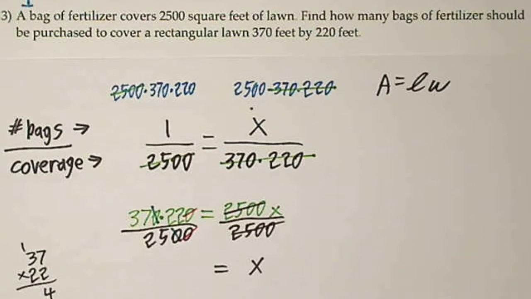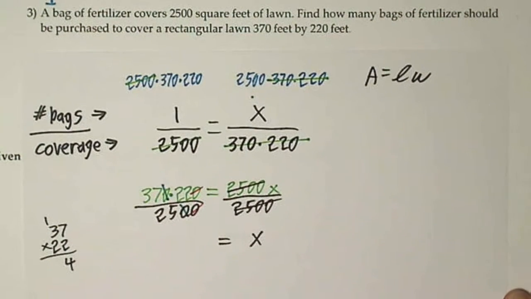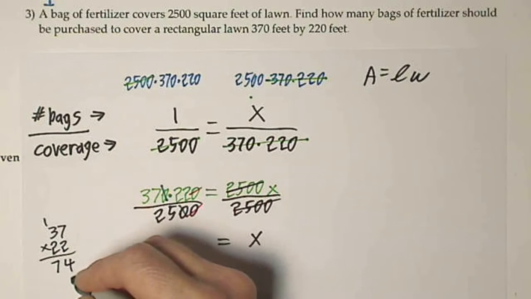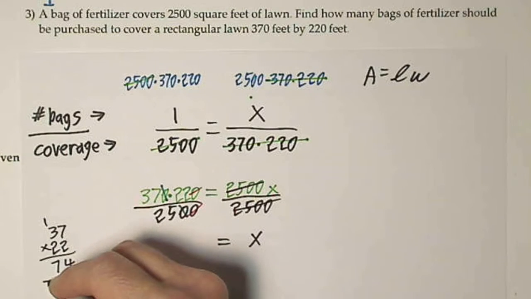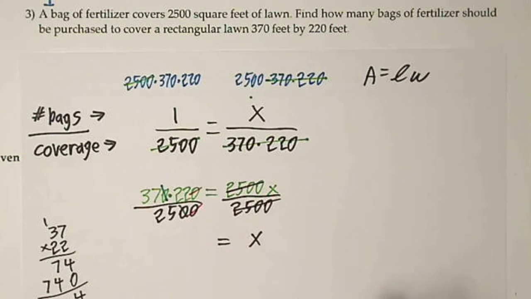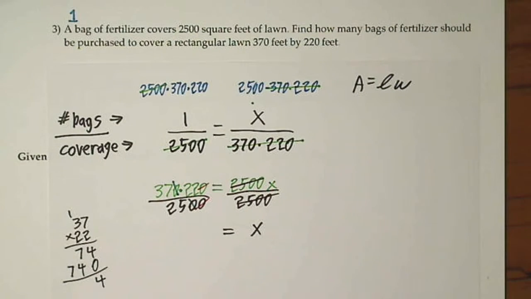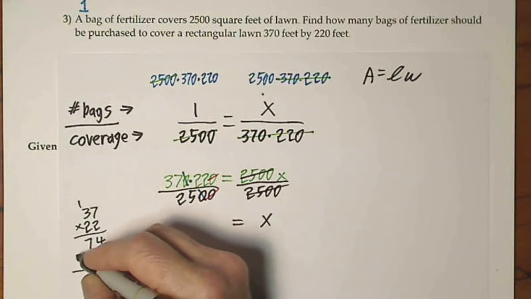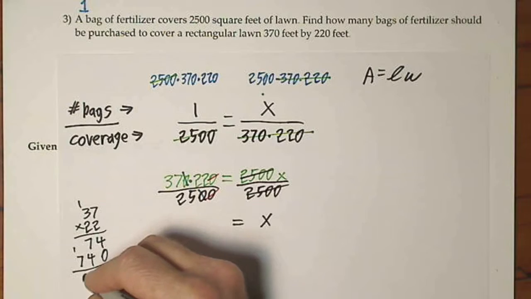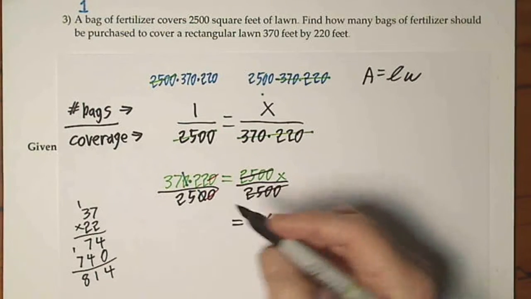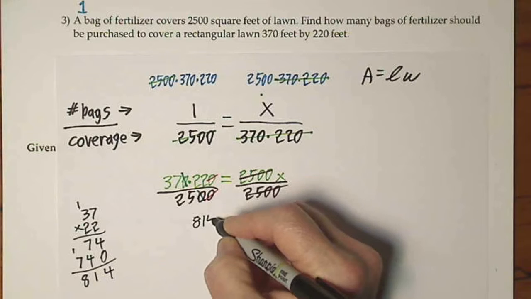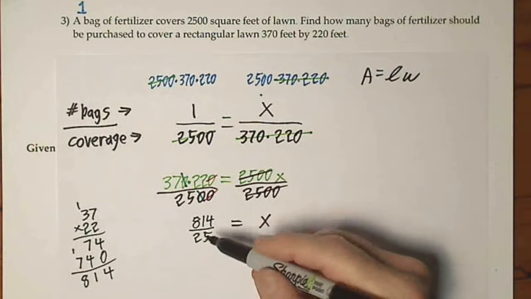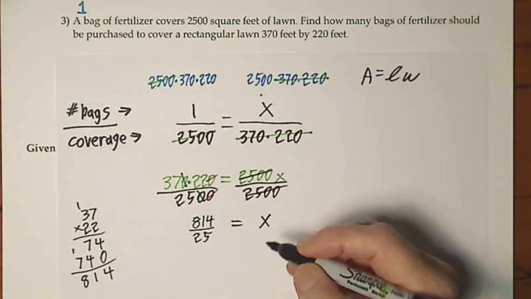And obviously we'll get the same result. So that's 814 over 25. So we just have to divide 814 by 25. That won't be too bad.